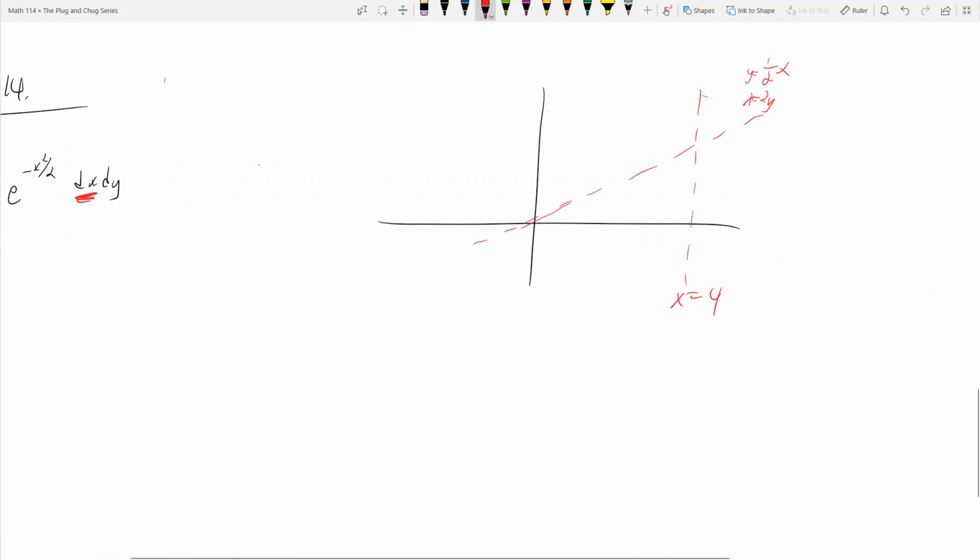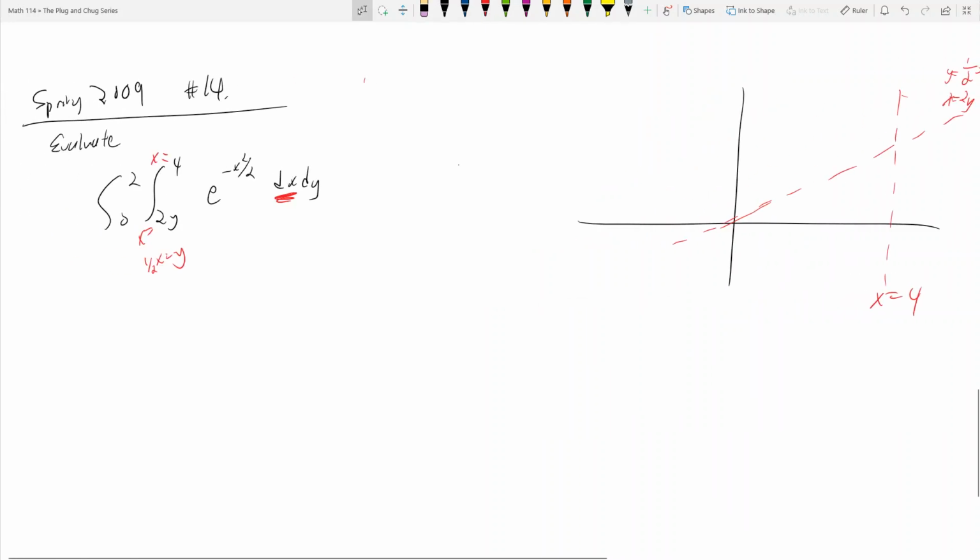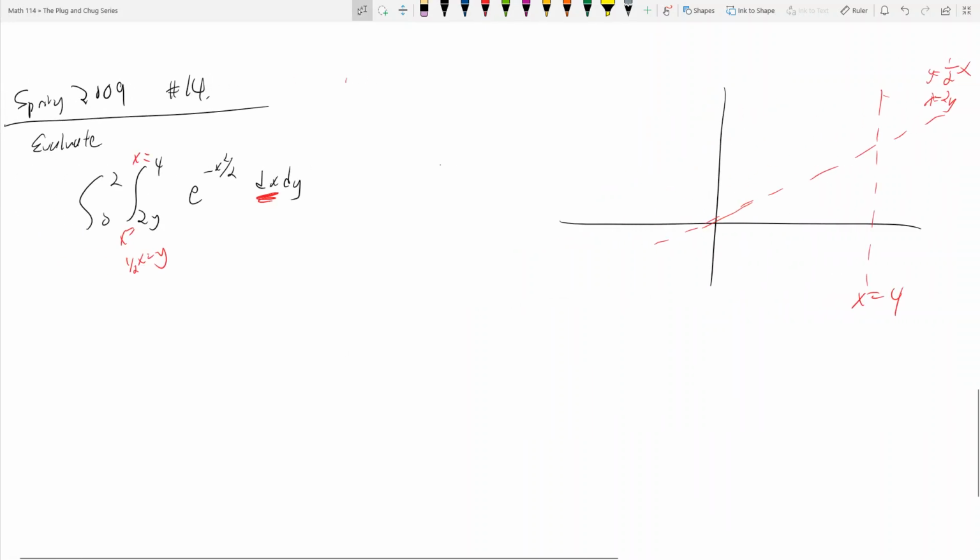Okay. So now what? Okay, so that's going to be my bounds, and then I got y is equal to 0, which is this guy down here. I got y is equal to 2, which is that guy up there. And now I need to know if I'm this top rectangle or this bottom rectangle.